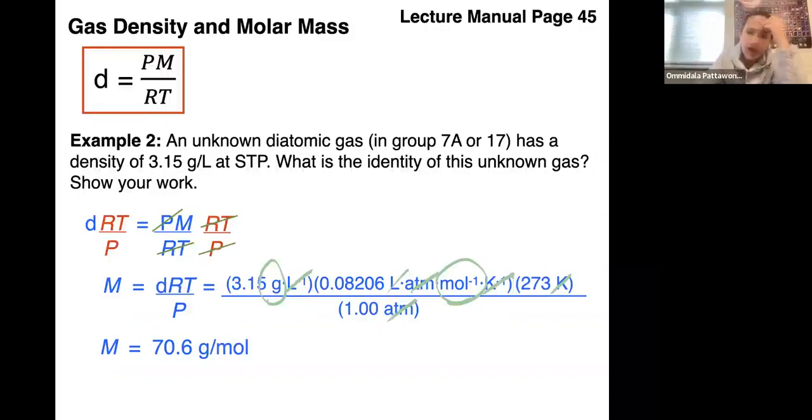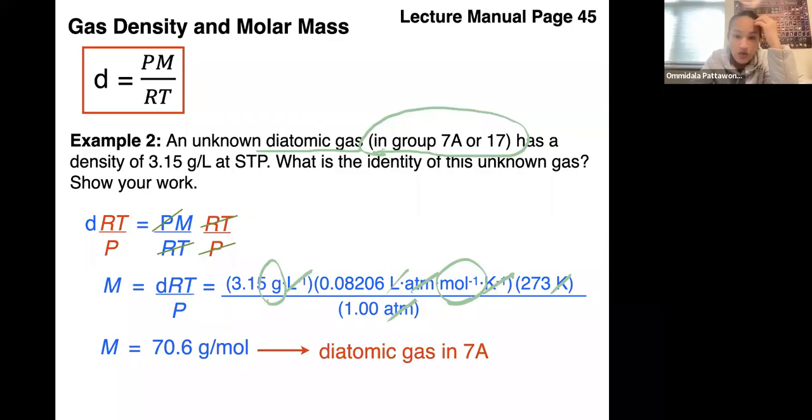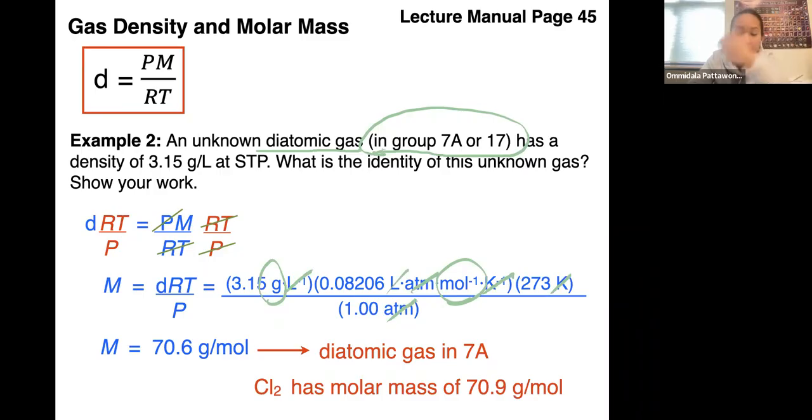How do I know then which one it is? Well, remember it said that it's in group 7A and it's diatomic as well. What does it mean when it says diatomic? Diatomic means 2. So if you're looking at a diatomic gas in group 7A, you will see chlorine, because it's specified that this is diatomic, meaning two atoms of that element in the molecule. So this molar mass is composed of 2 atoms of that particular element.